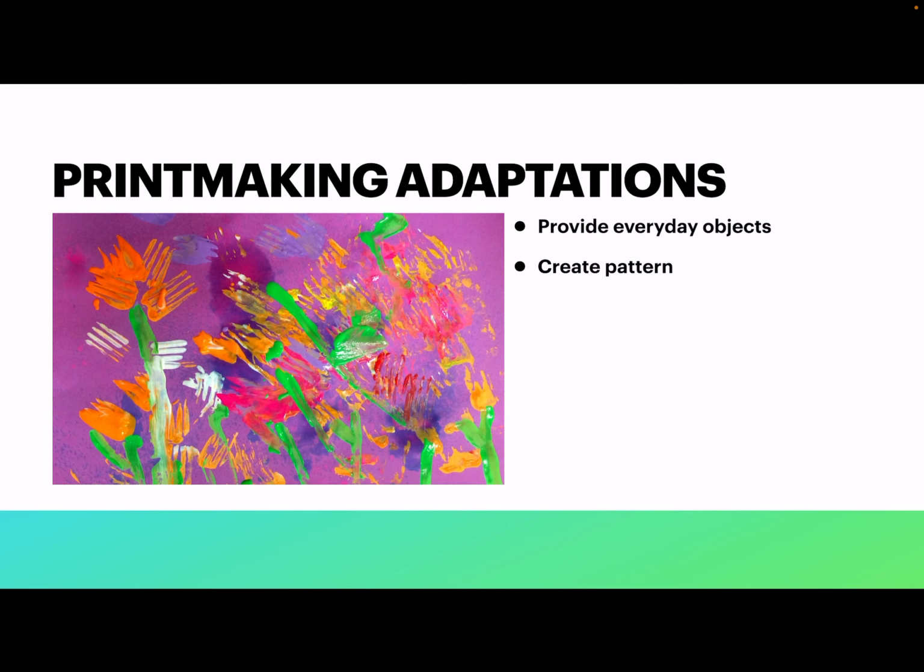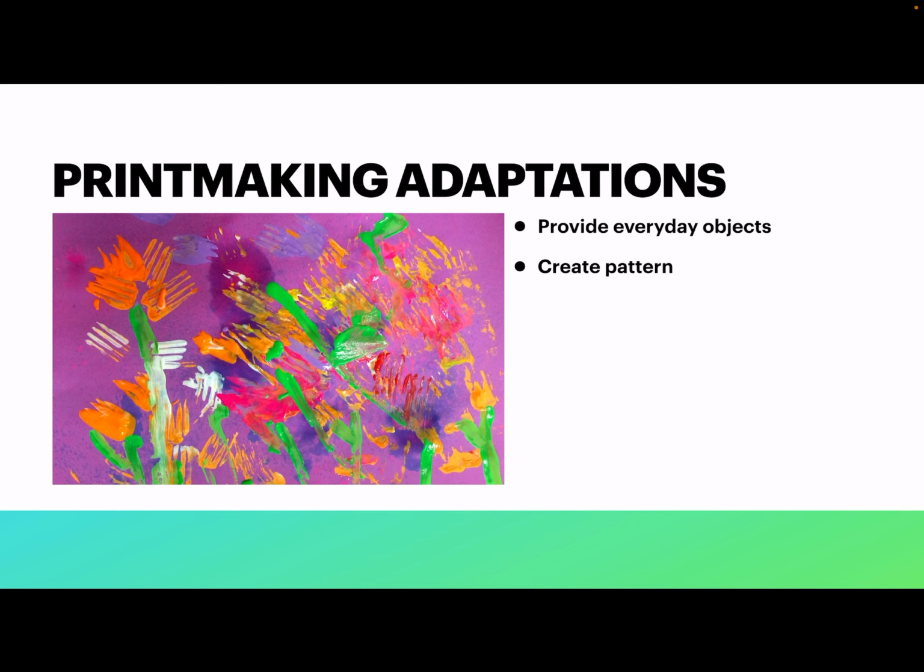Adaptations for printmaking: provide everyday objects to print with. Students can experience the process of inking up an object and creating pattern and repetition where they might not be able to carve into a linoleum block. Using everyday objects like utensils or even fruits or vegetables creates different repetitive stamps.